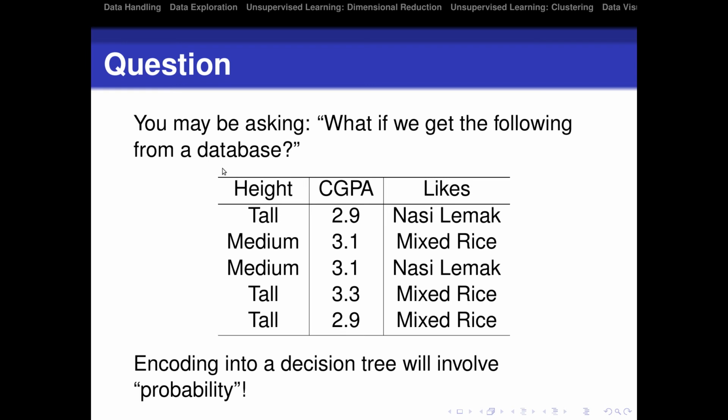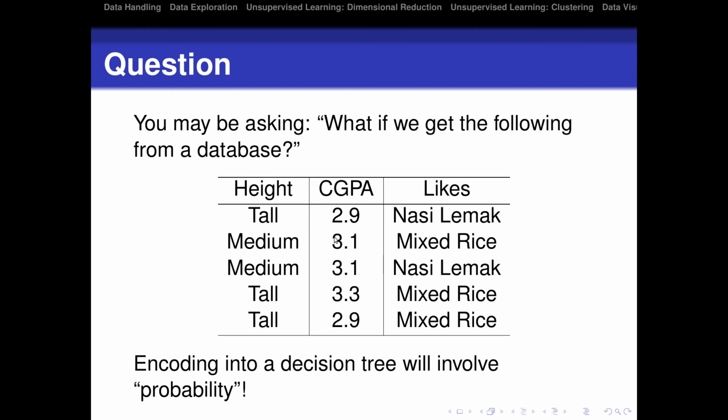So this is hopefully a bit more realistic data, which is trying to analyze the preferences of some probably students, based on their height and also their CGPA, whether they enjoy or like nasi lemak or mixed rice.